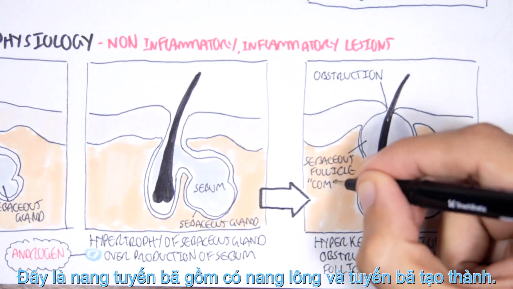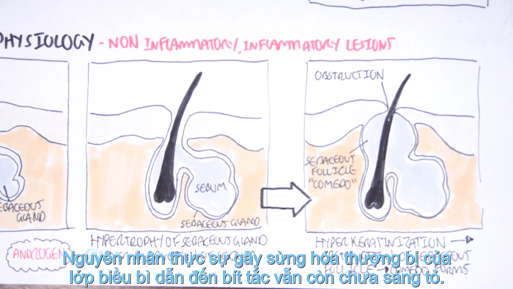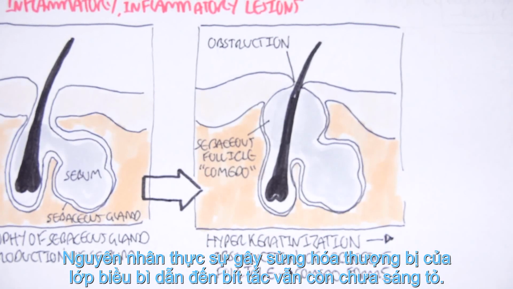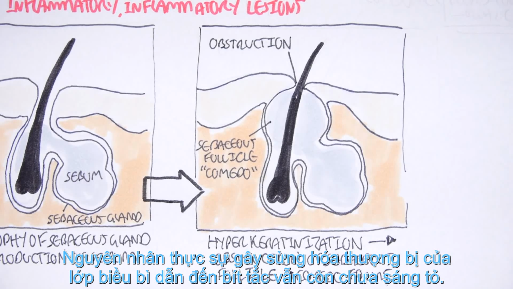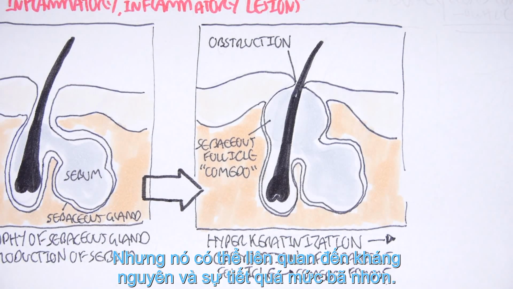So here is our sebaceous follicle, which is the hair follicle and the sebaceous gland. The actual cause of hyperkeratinization of epithelial cells in the epidermis, leading to the obstruction here, is actually unknown, but it might be related to the androgens and sebum overproduction.